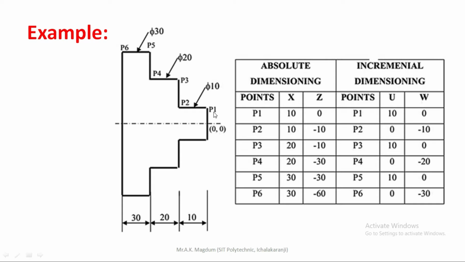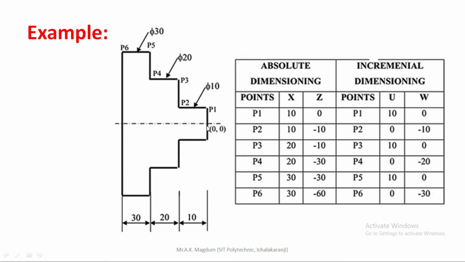Here at P1, the x position is 10, because in the absolute coordinate system we consider the diametric value, and the diameter of this component is 10. That's why the P1 position has a 10 mm diameter. All diametrical values are considered in the x-axis, and z is 0 because this is the origin point, as I am showing in this image.